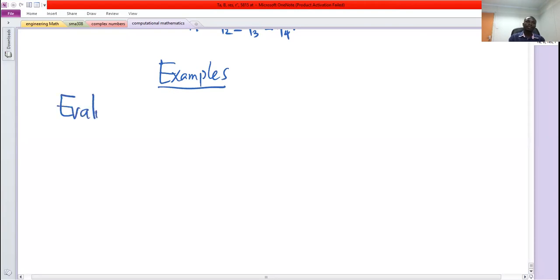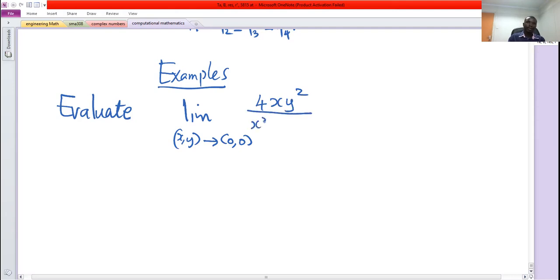Evaluate the limit as (x, y) approaches (0, 0) of the function 4xy squared divided by x squared plus y squared. So this is a problem.